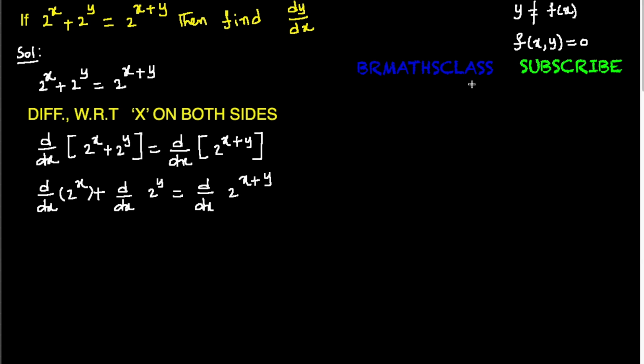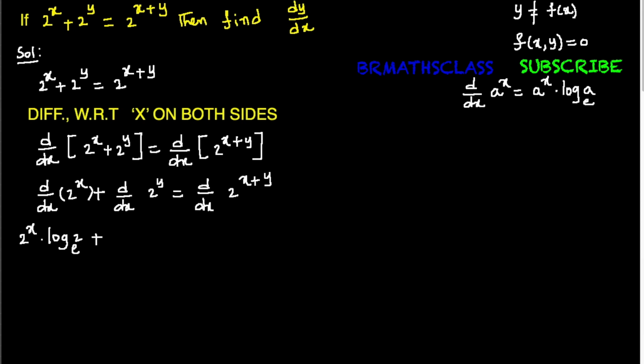We know the formula of d/dx of a^x. What is the formula of the derivative of a^x? Derivative of a^x is a^x log a base e. So the derivative of 2^x is 2^x log 2 base e, plus d/dx of 2^y.